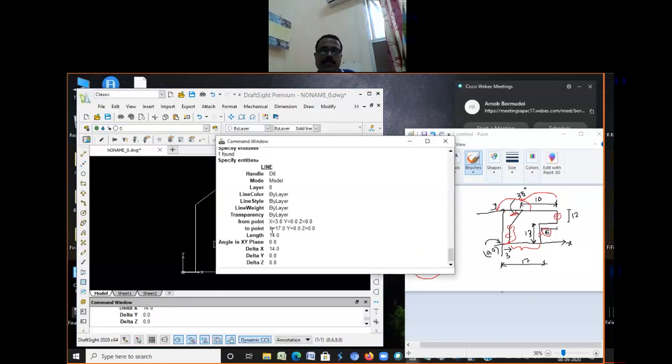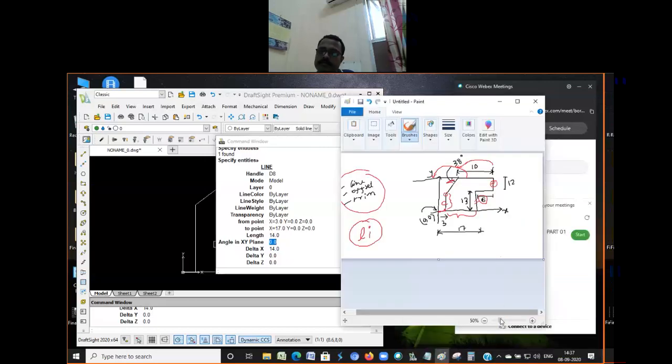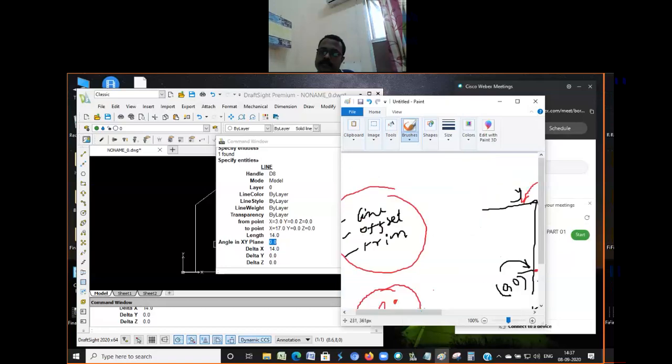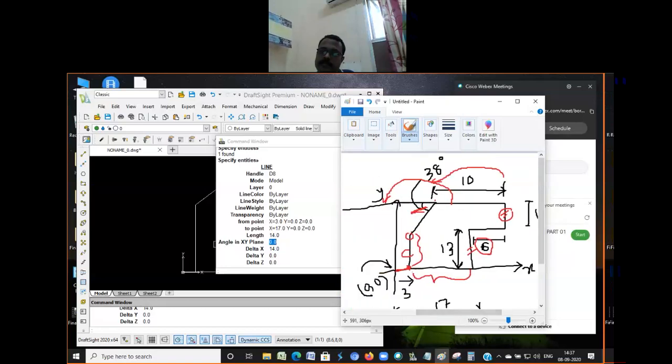Enter. Length is 14. Angle in the xy plane is 0. That means this part of the line, from here up to here, this is 14.